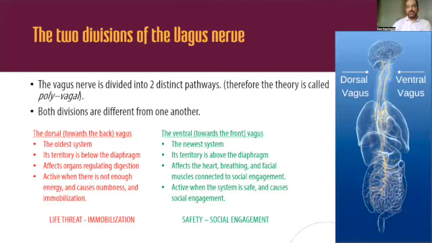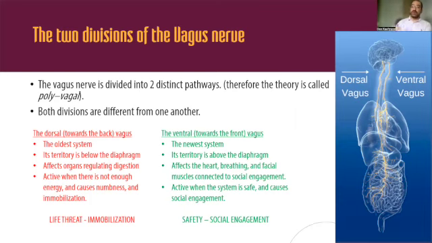What is important to know, and again, this is not an anatomy class, in terms of your experience of the vagus nerve, is that there are two divisions of the vagus nerve that are different from one another. One is called dorsal; anatomically, that part of the vagus nerve is towards the back. This is the oldest system.